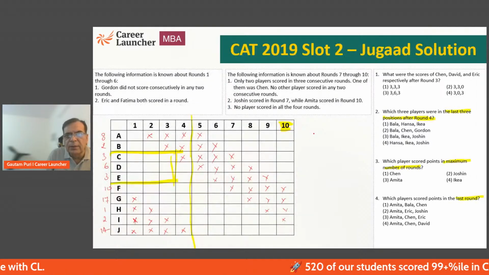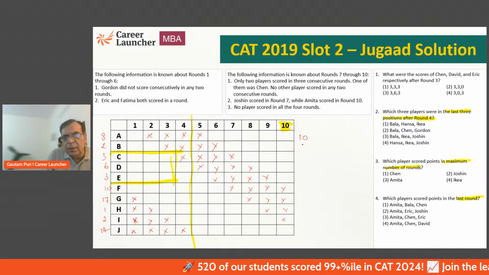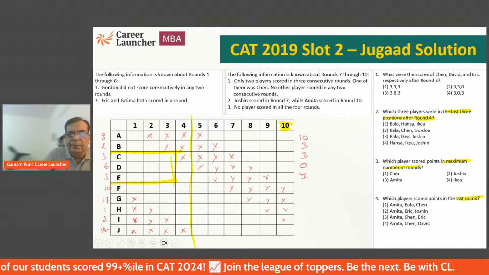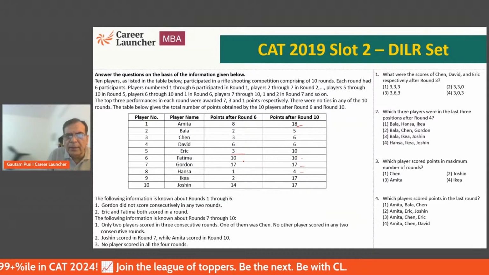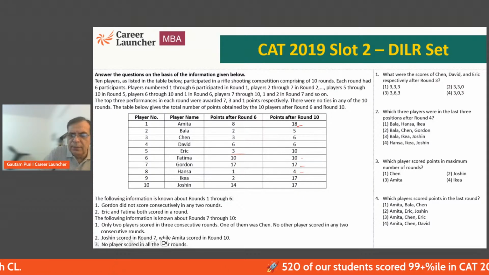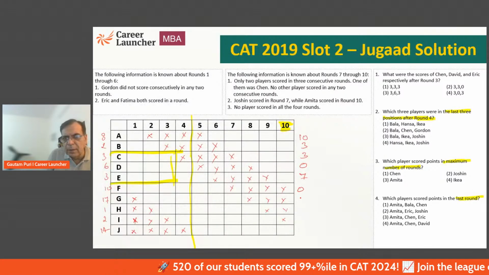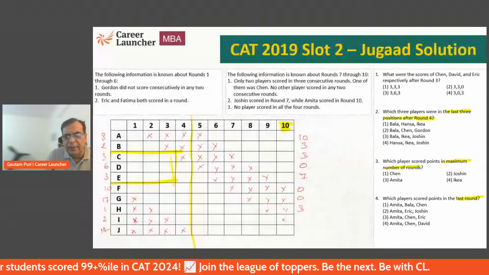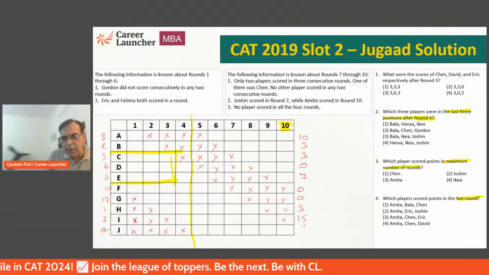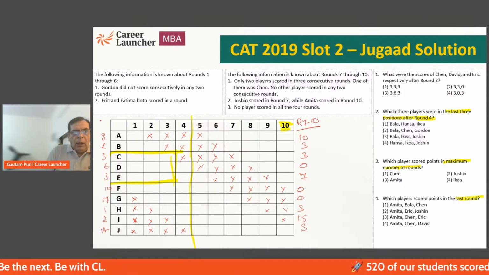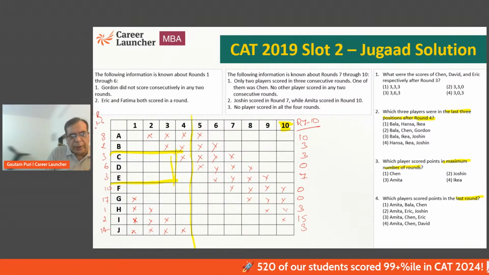Then 0, 0, 3, 0, 0, 3. Then 15 and 3. And these are the points for rounds 7 to 10. And these are the points for round 1 to 6.